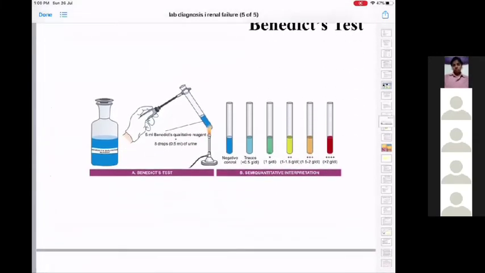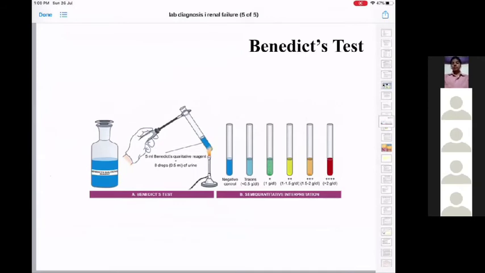Here you see the Benedict test. In the Benedict test, 5 ml of Benedict qualitative reagent is taken, 0.5 ml or 8 drops of urine is added, and it is heated under the burner. If there is no glucose, or negative, the color of the reagent stays the same, that is blue. If glucose or any reducing sugar is present, the color changes.